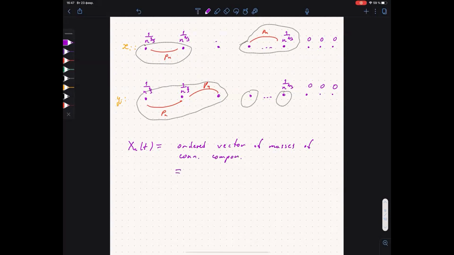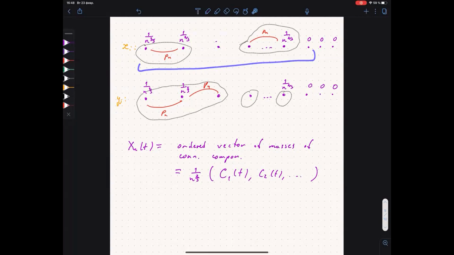Or if you like, it is C1 of t, C2 of t, and so on, divided by 3, where C are the sizes of connected components in this graph, where the edges appear with the same probability p_n.